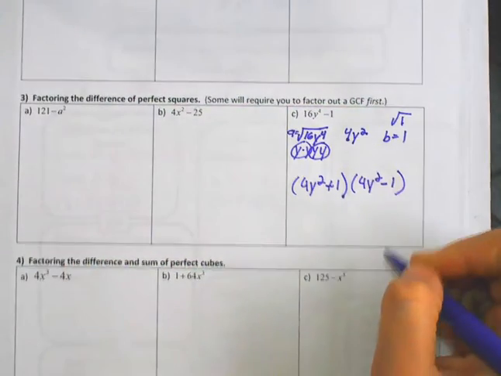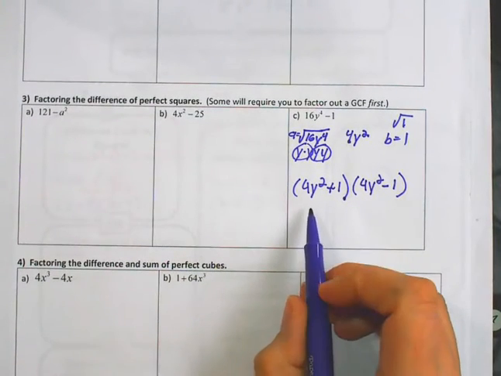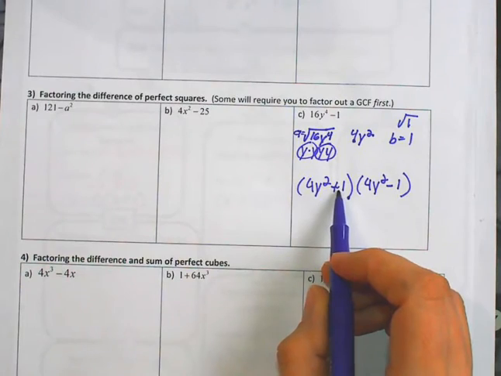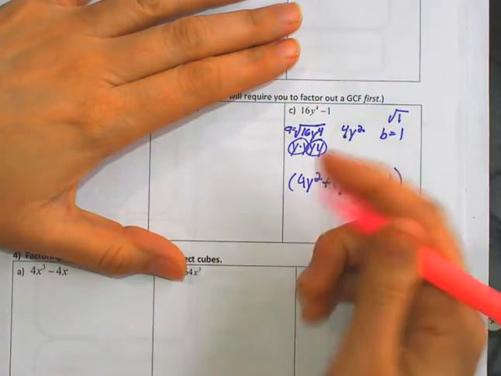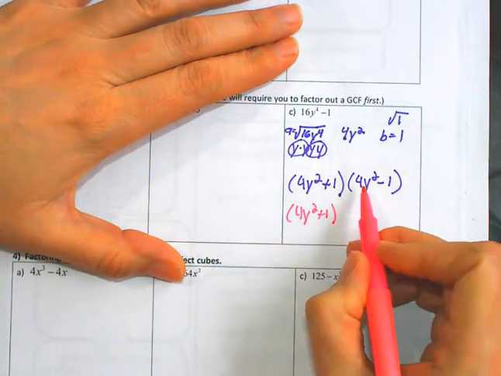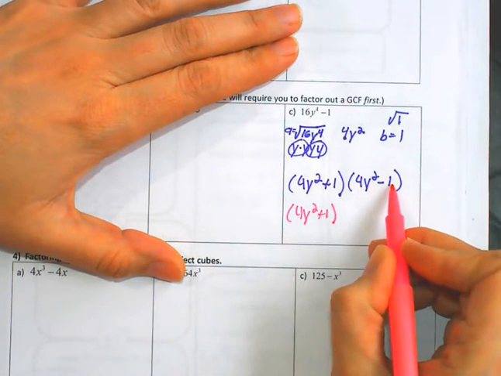Okay, now for this one you want to take a look to see if I can factor anything else. So this 4y squared plus 1, I can't go any further with that, so I'm just going to write that down. But if you notice, this 4y squared minus 1 is a difference of perfect squares again.